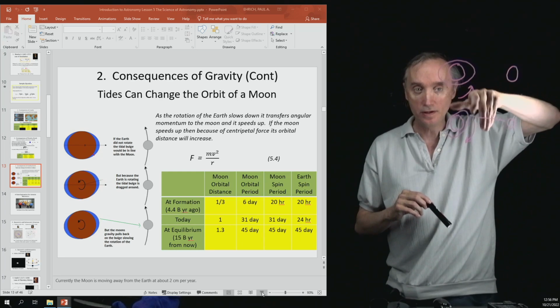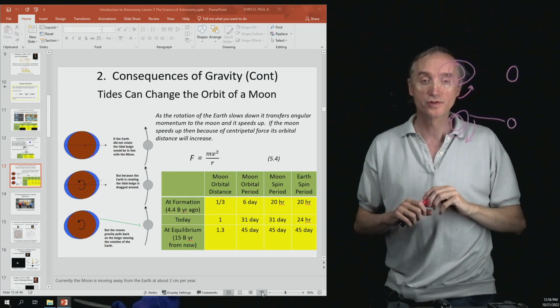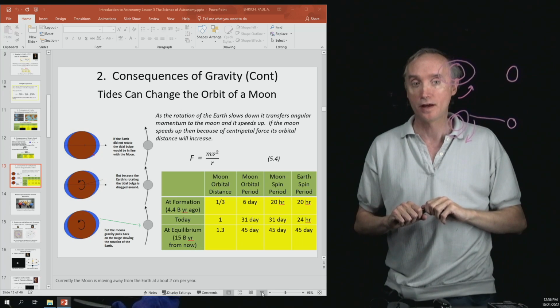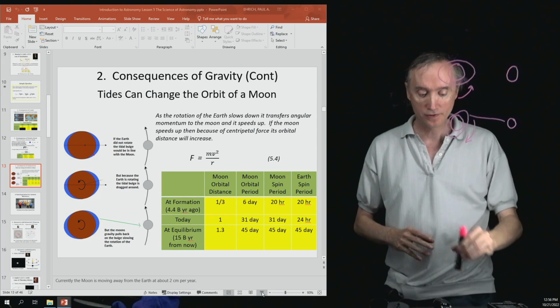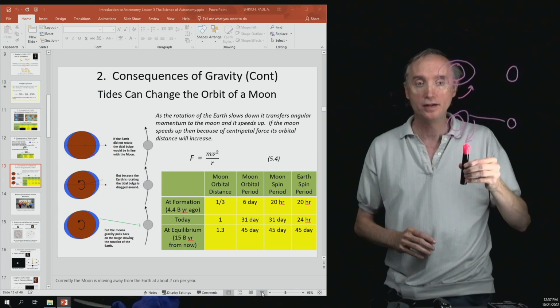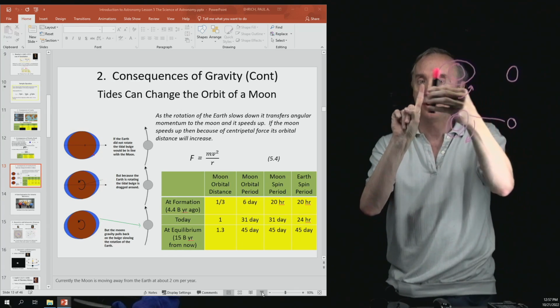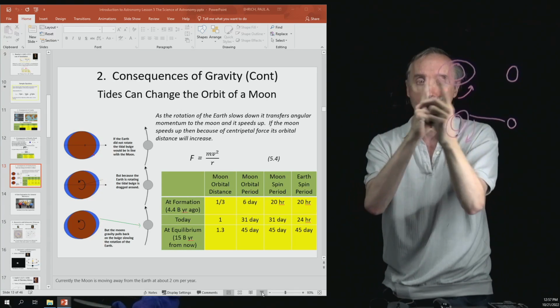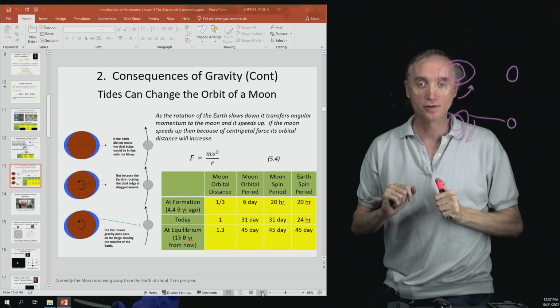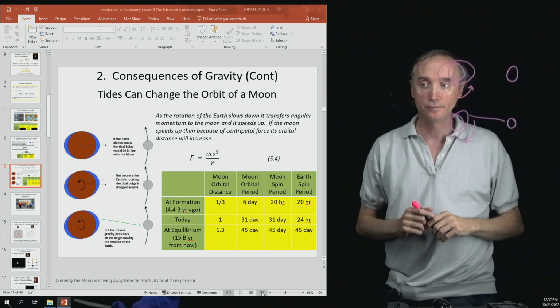The moon will spin once every 45 days, and then the Earth will spin once every 45 days. So that means that one side of the moon will always be facing one side of the Earth, and then they both will be in orbit around each other. So kind of cool stuff. And it's all as a result of gravity.